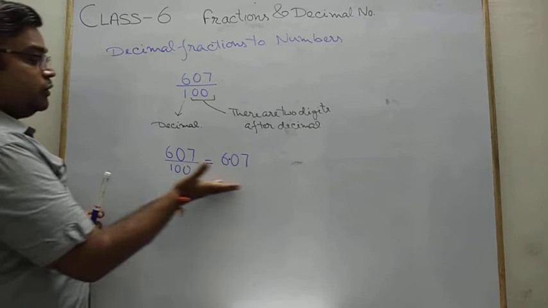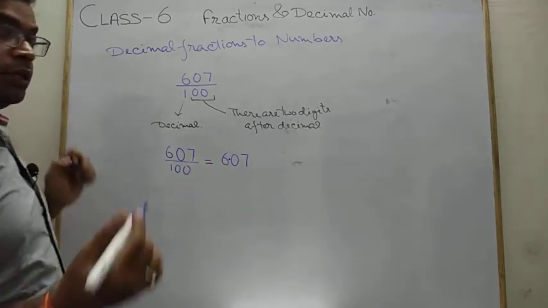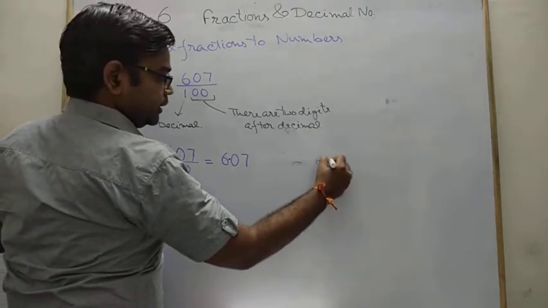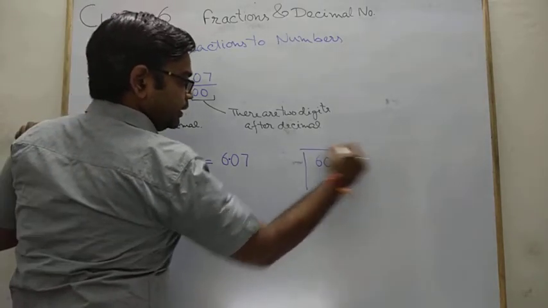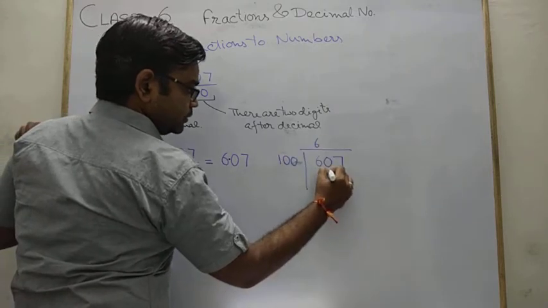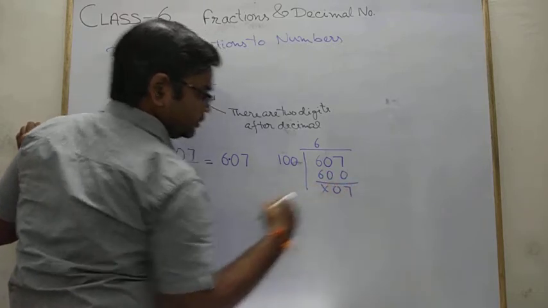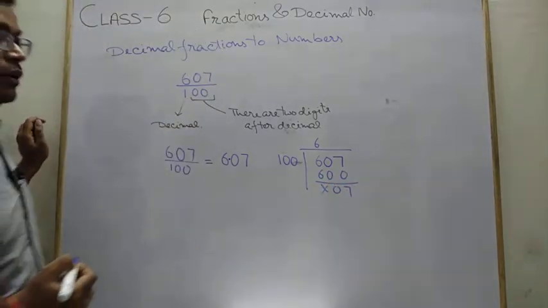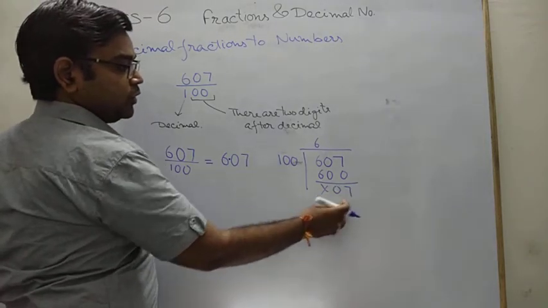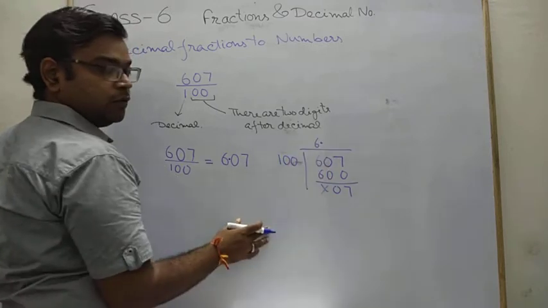But what actually happens in this case? I am going to discuss it using the division method. We know 607 divided by 100: 6 is 600. Now we have 0 upon 7. Clear? There are no more numbers to divide completely, so for dividing we place one decimal over here.